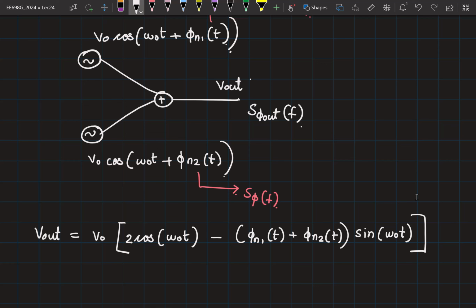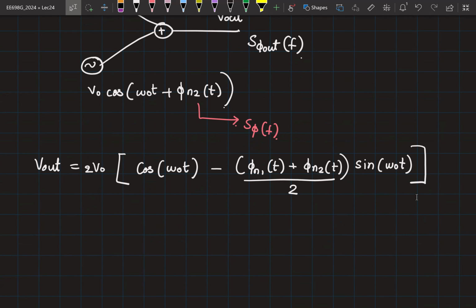Is this okay? You can apply multiple ways to it. So now let's say I take 2 outside, and then I'll have a 2 here. Now I apply that narrowband FM approximation but in reverse.